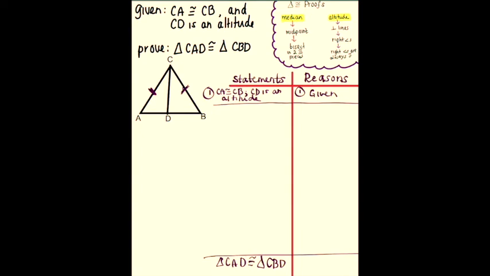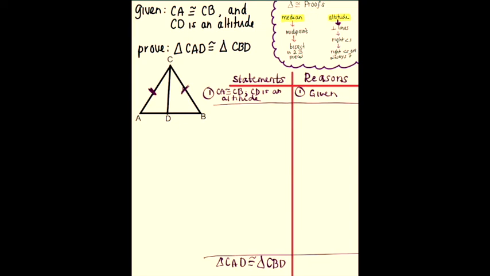Step 6 says to use your given information to create as many statements as you can. Continue to mark up your diagram if needed. So here is where the vocabulary comes in. We talked about altitude, and we said that when we see the word altitude, the next thing that we have to mention is perpendicular lines.